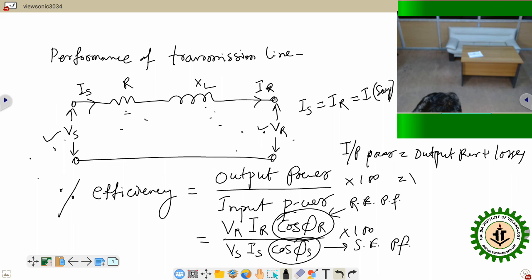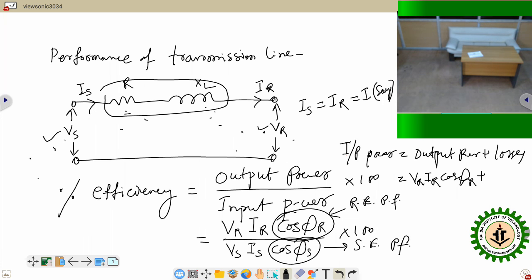Losses means how much power loss is there. If I consider this is R, and Z is the impedance, the current I, or the resistance R, you can find the loss as I squared R. Okay. So this is the way of calculation of the efficiency.